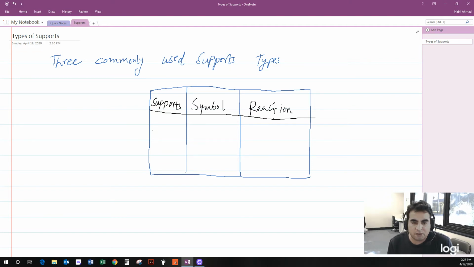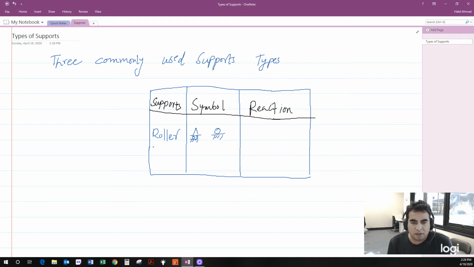Now the first commonly used type of support is roller support. The symbol for the roller type of support is like this in engineering, or some people commonly use it like this.